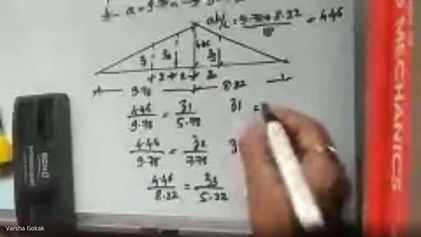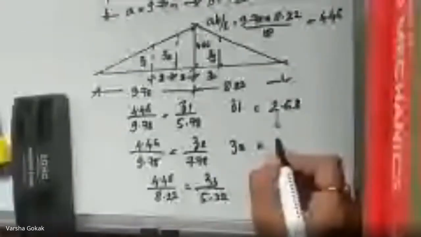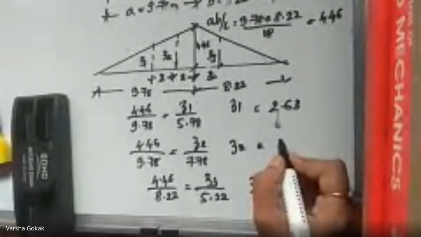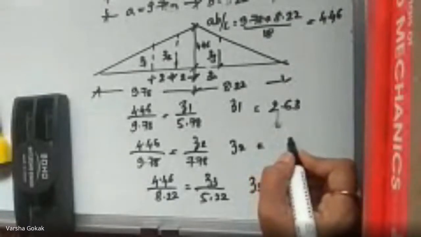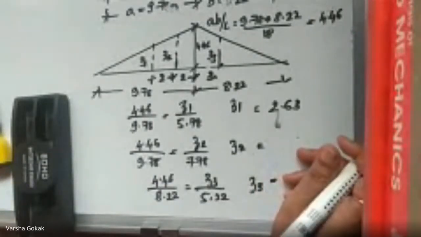Please get me the values of Z1, Z2, Z3. Ma'am, Z1 is equal to 2.63. Correct. Z2 is 3.51.